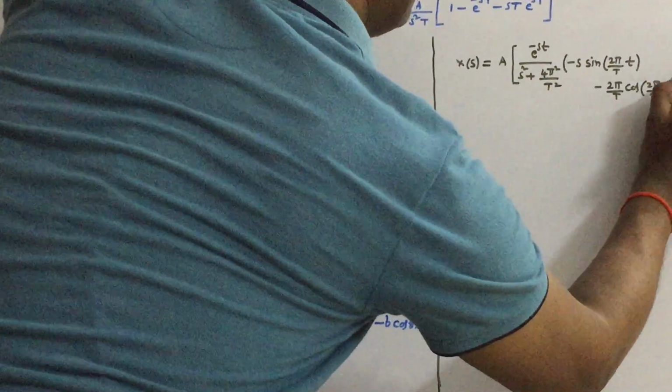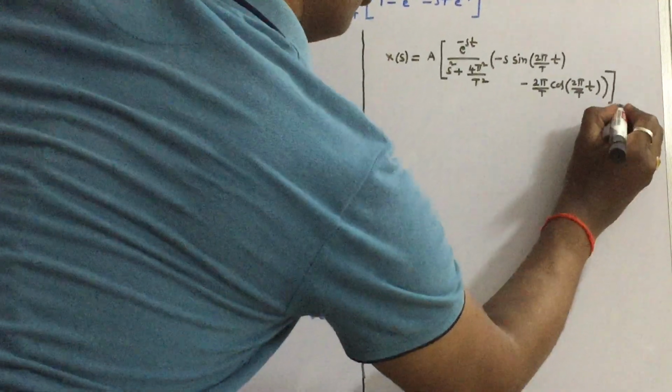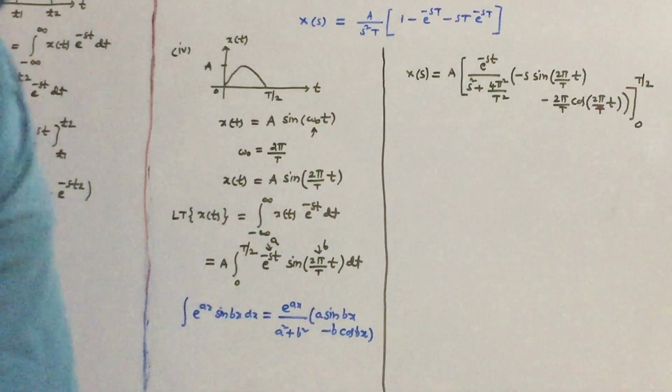For this entire term substitute the limits 0 to capital T by 2.